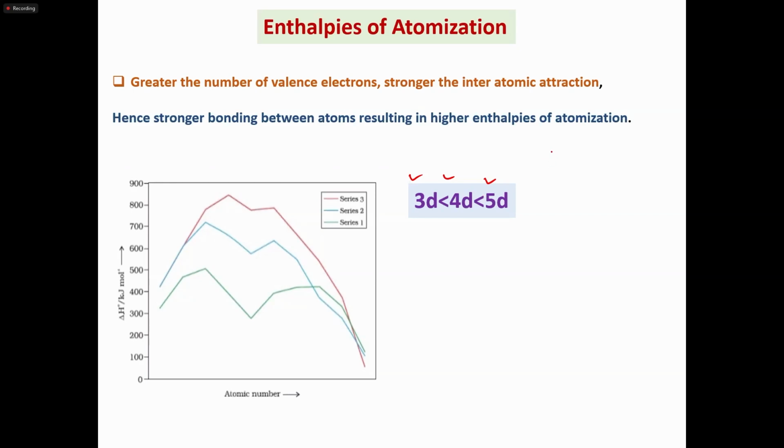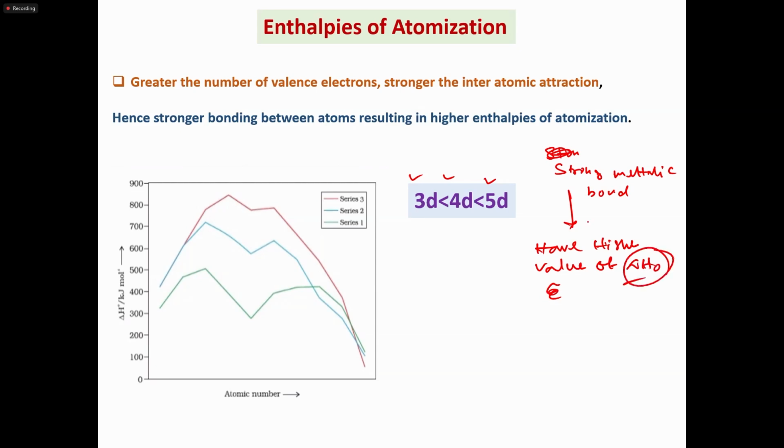When a strong metallic bond is present, it will have a higher value of enthalpy of atomization, that means a higher delta H0 value, because breaking a strong metallic bond needs a higher amount of energy.